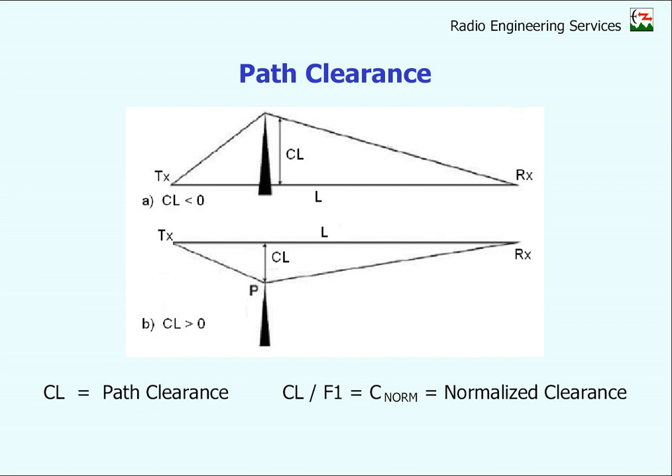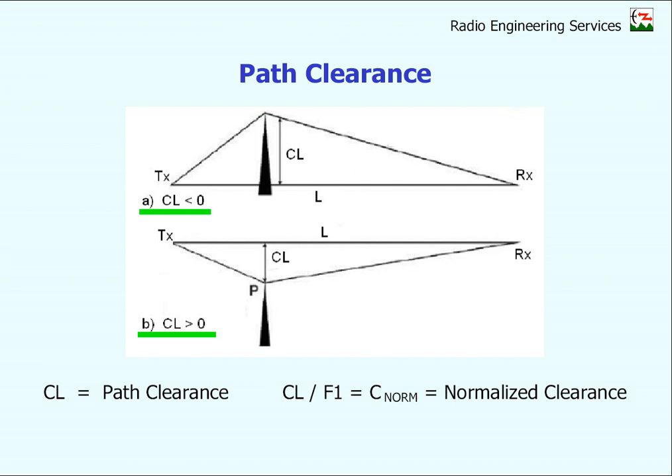It is self-evident that an obstacle below the Fresnel ellipsoid axis produces a positive clearance, to be expressed in meters. On the other hand, the figure shows that if the obstacle is above the Fresnel ellipsoid axis, then a negative clearance is measured.